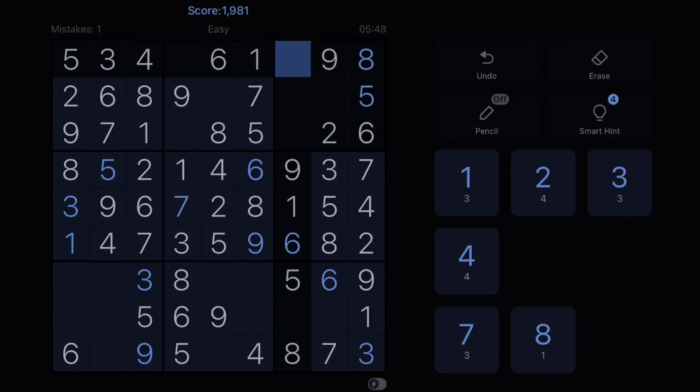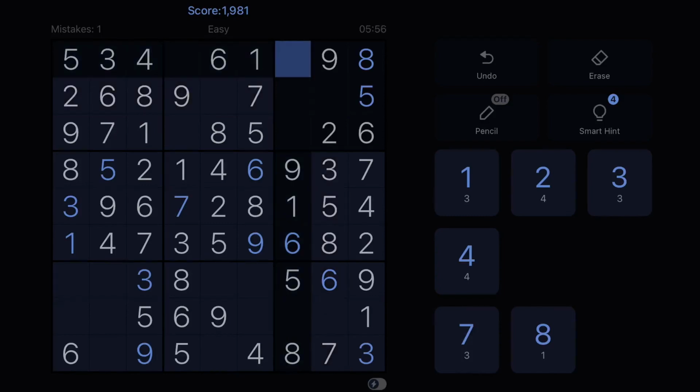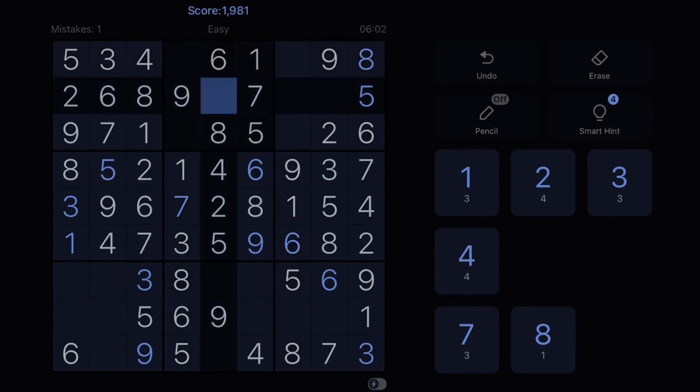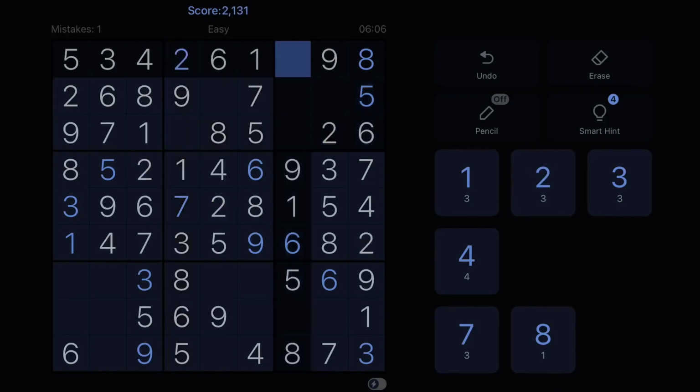This cannot be a 2 because the square has a 2 in it. It's right here below this one, right? And with the same rule, this one cannot have a 7 because the square has a 7 in it. So this is our 2 and this is our 7.